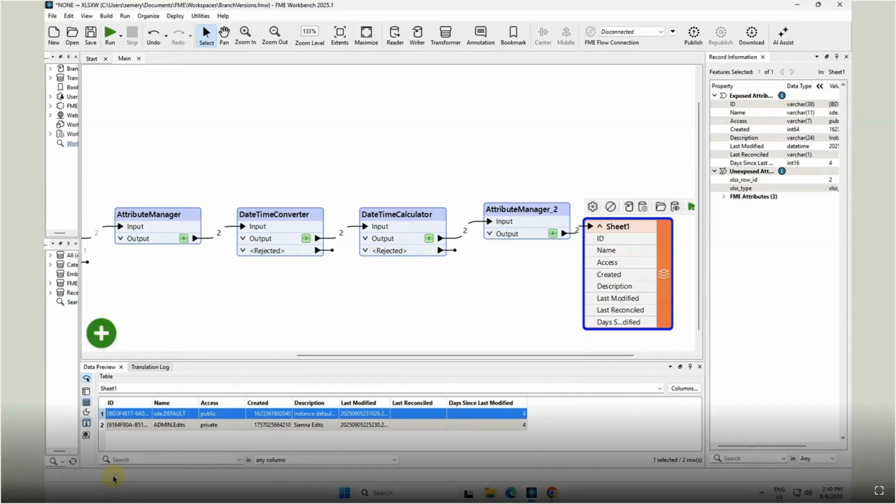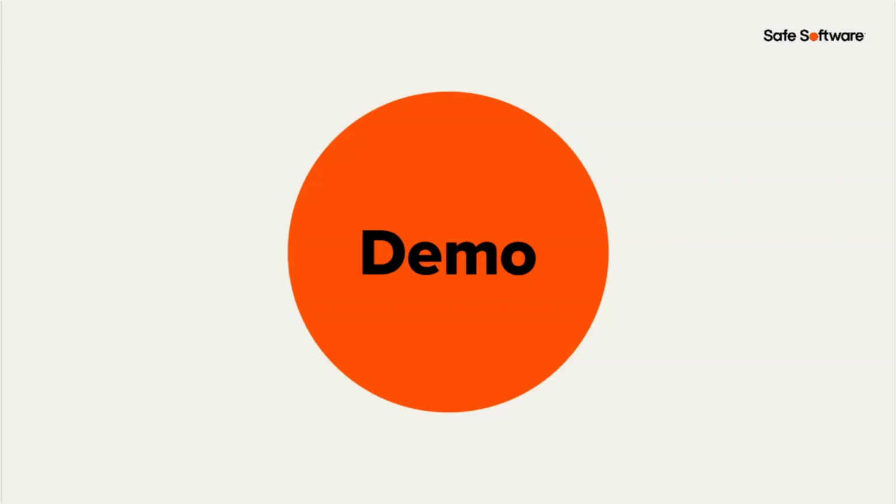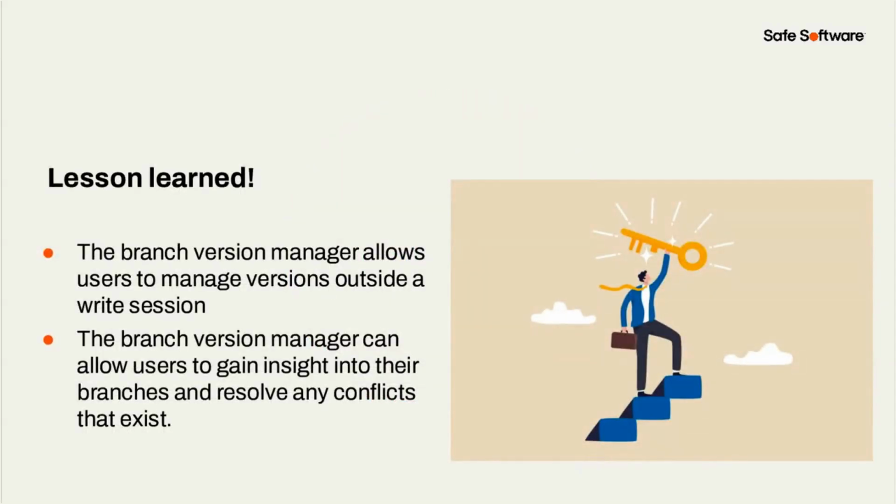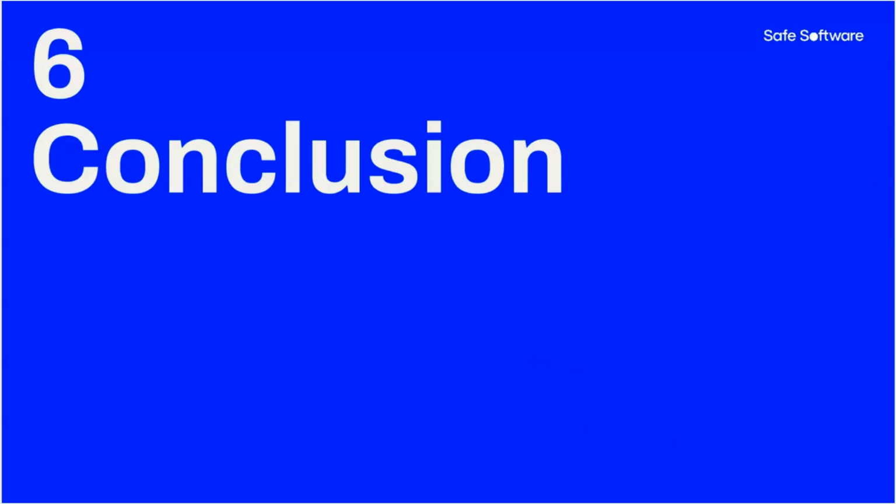All right, back to the slides. So my lessons learned here. The branch manager allows you to update versions outside of a write session. It also allows you to gain insight into what branches you have, and also helps you resolve conflicts between the branches.